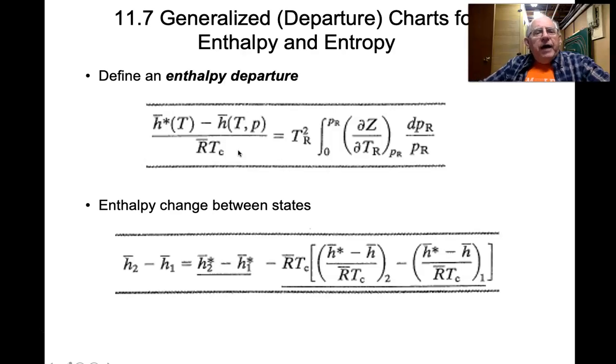And so by dividing the enthalpy value by the R bar T_C value, we non-dimensionalize this departure value, so that all we have to do then is to perform the pressure integration over a range of reduced pressures and reduced temperatures.